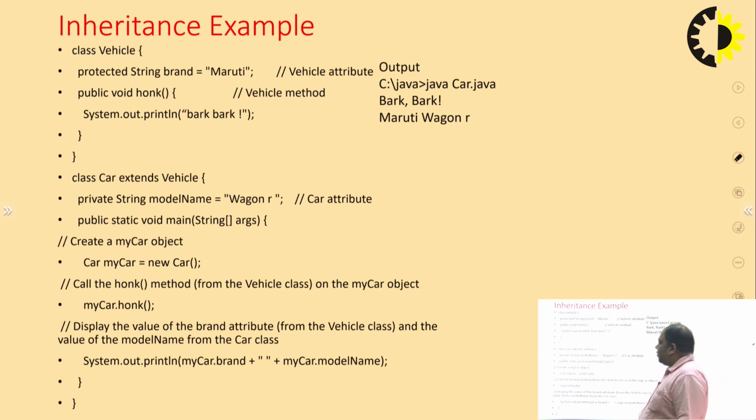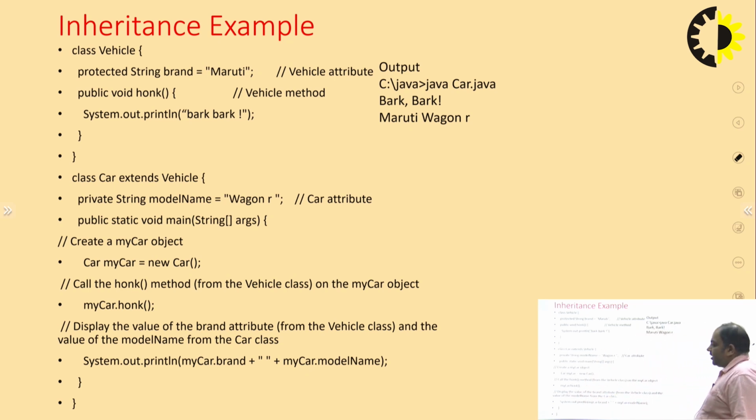So in output we have seen कि the bark bark honk is of the Maruti WagonR, and we inherit this honk method into this class car, and we create an object of a car, and by using the object of this car, we use this honk method of superclass vehicle in the subclass car.